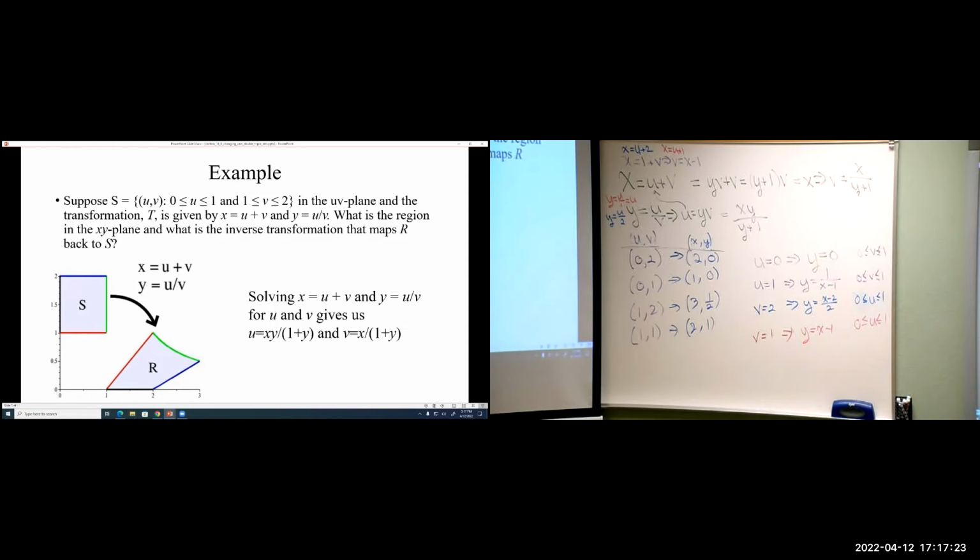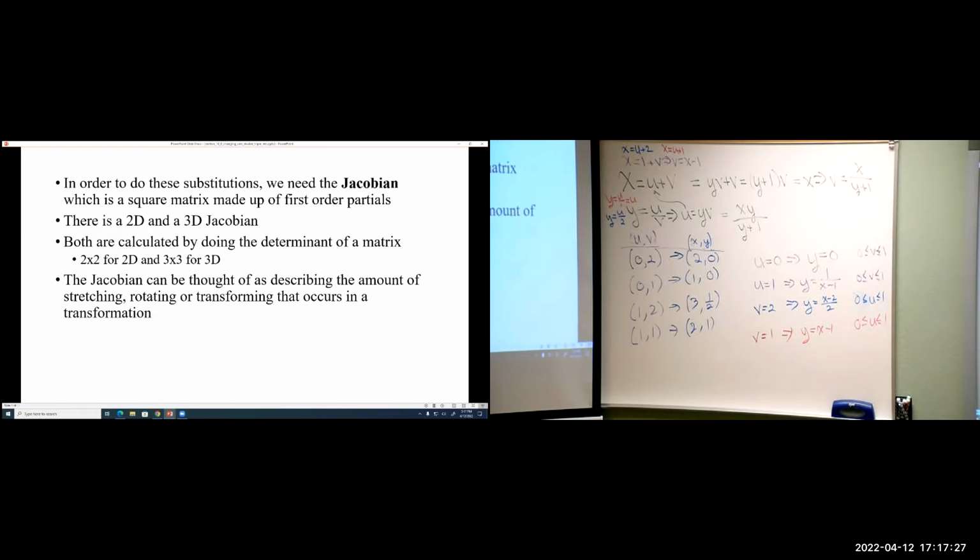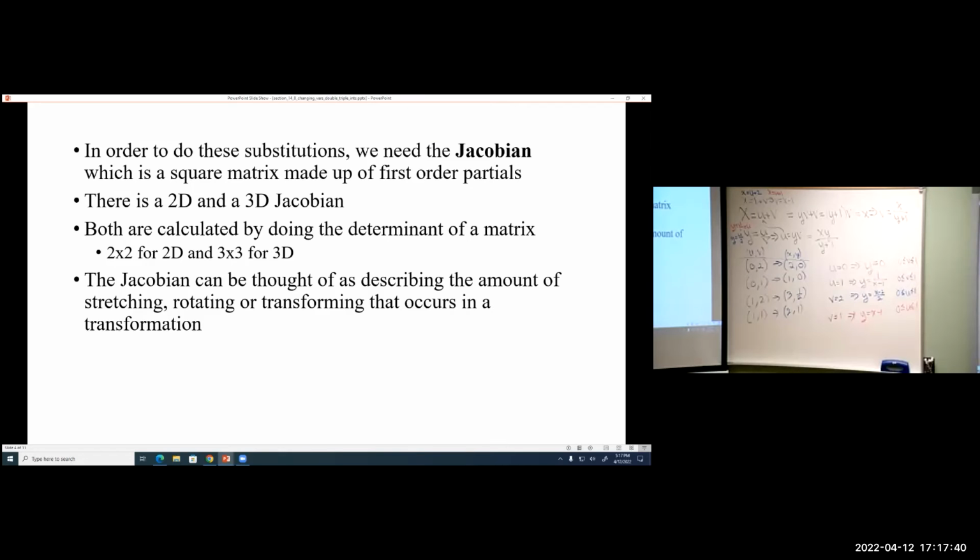Now, where this is going to take us is, we're going to be doing these substitutions. So when we do U sub, remember we solve for the D, we find the DU, and that helps us make our substitution. We have that same thing going on in double and triple integrals, but it's called the Jacobian.